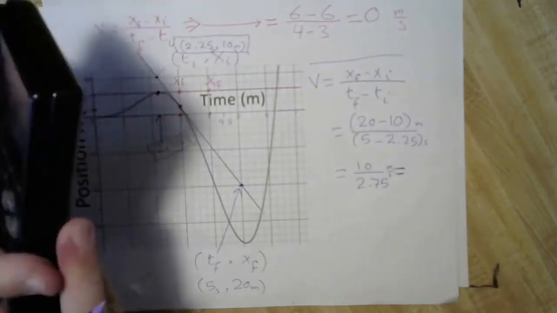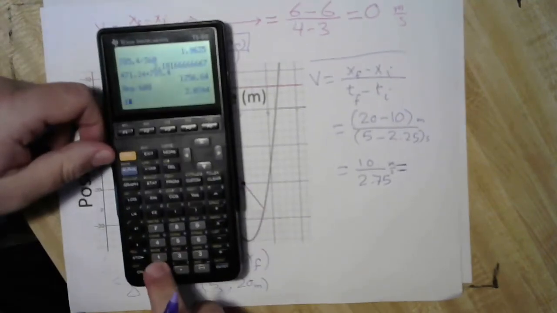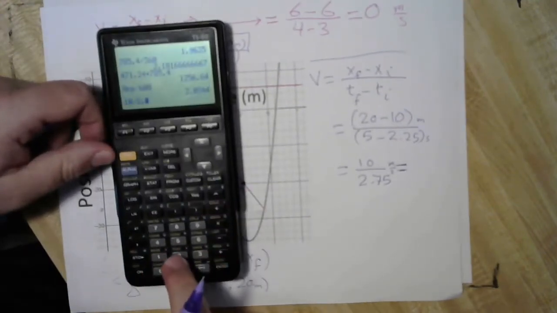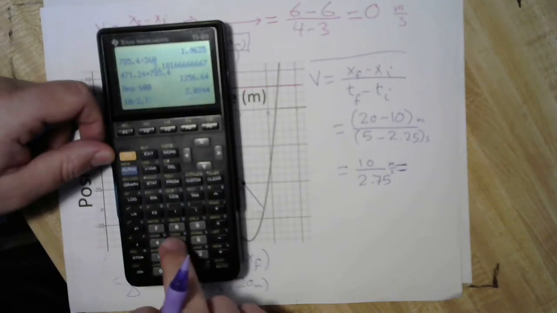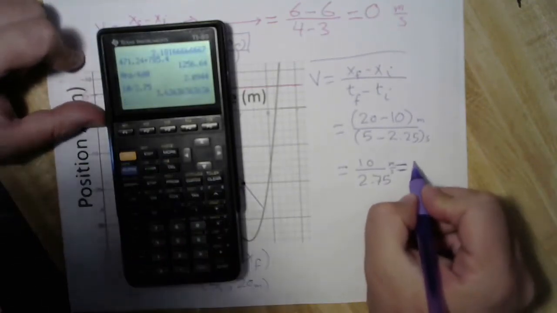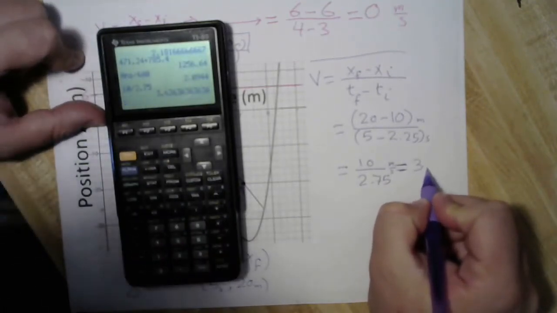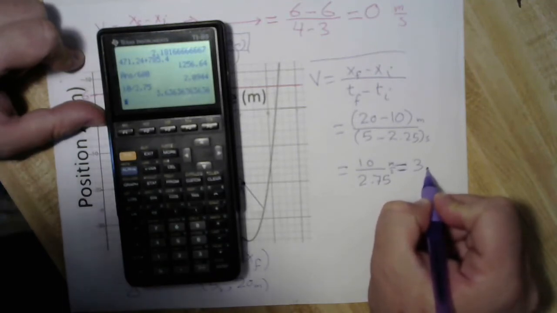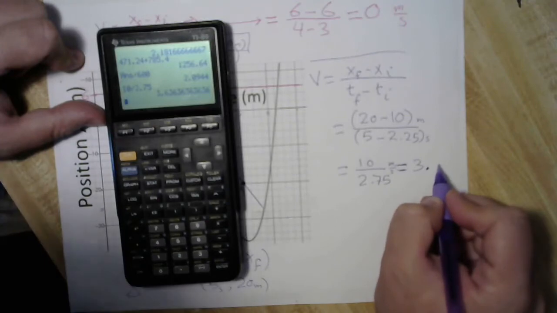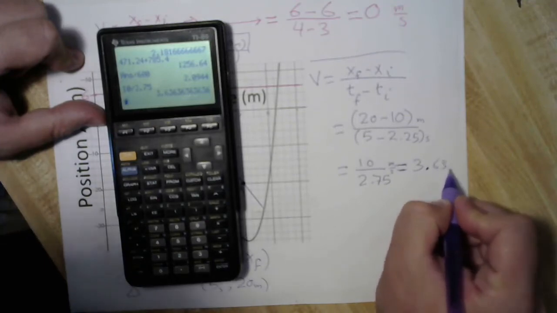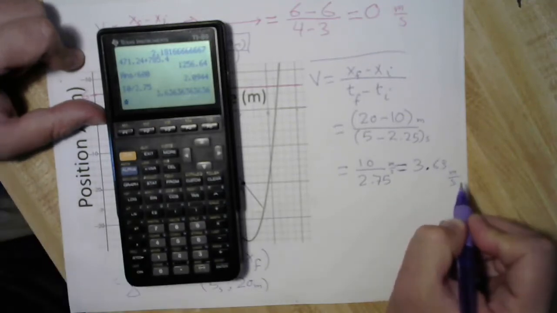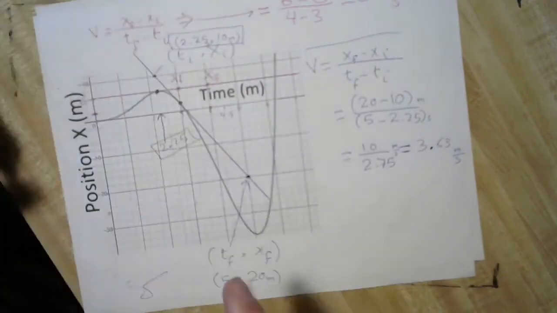10 over 2.75 is equal to 3.63 meters per second. But look, I have a mistake now.